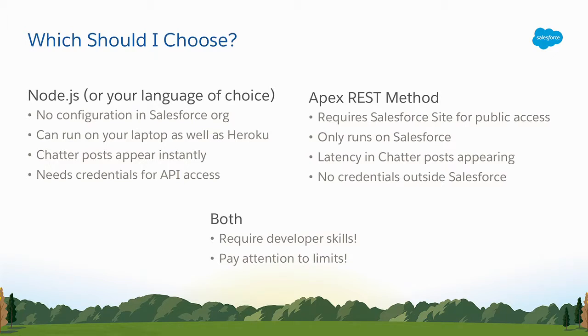Now, the advantage of writing an external app is that you don't have to set up much in Salesforce. You just have to have user credentials. Typically you create an integration user and lock down the permissions there. So you figure out exactly the perms that your app needs and have a user just for that. You can develop and run on your laptop as well as deploying to somewhere on the web like Heroku.